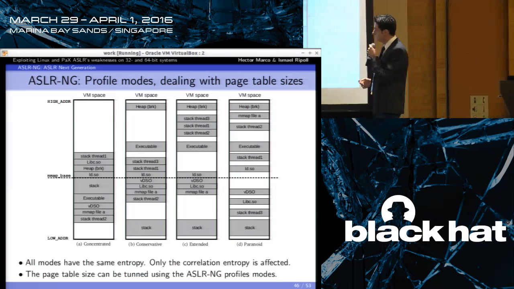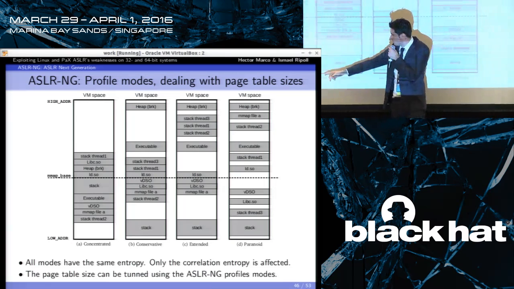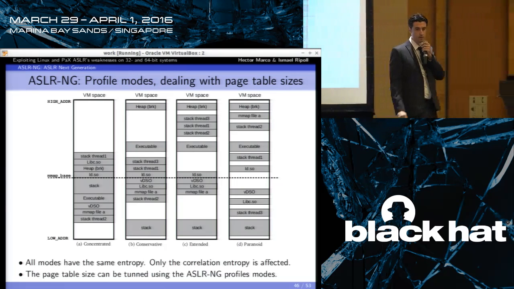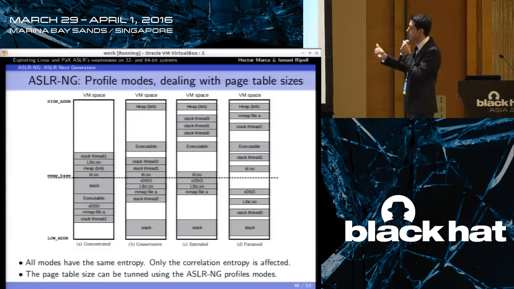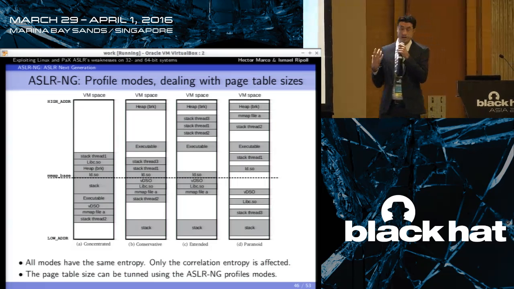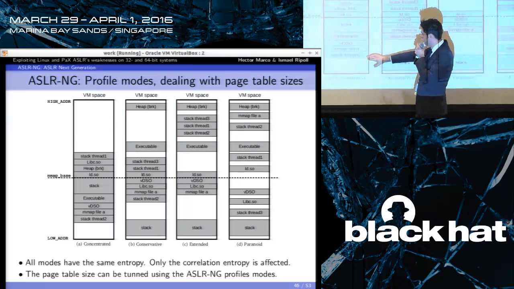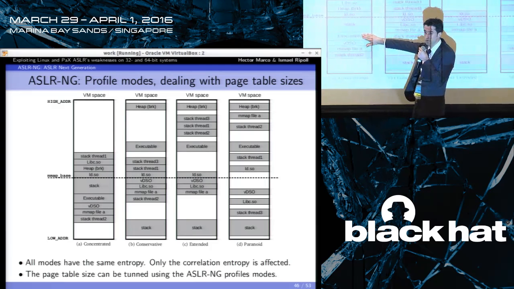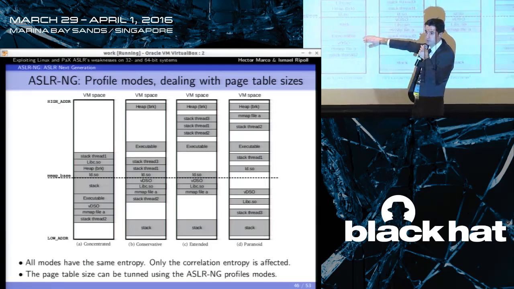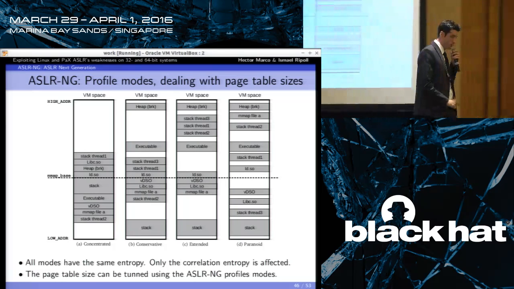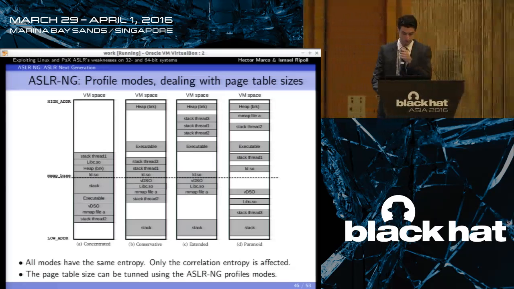But the point here is that you are saving a lot of page table size memory, and you are not losing absolute entropy. From the outside, the attacker can know if the executable is at the top or at the bottom. The executable can move freely along the full virtual memory, which provides a lot of absolute entropy.